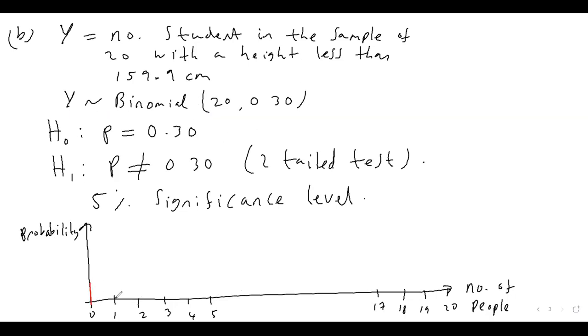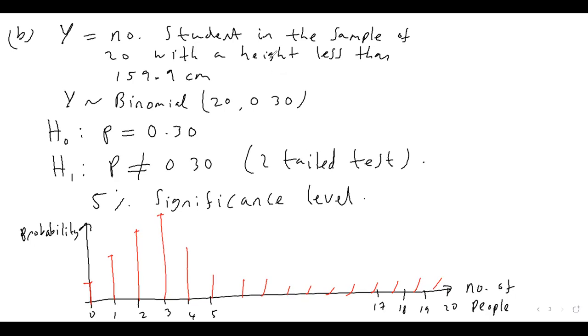It's not accurate, but let's say it looks like this. The x-axis is the number of successes, and the y-axis is the probability of getting that number of successes.